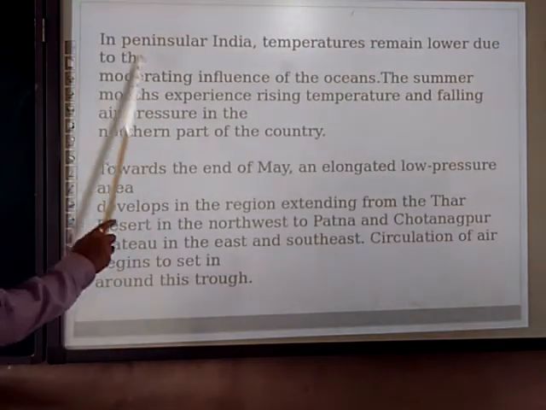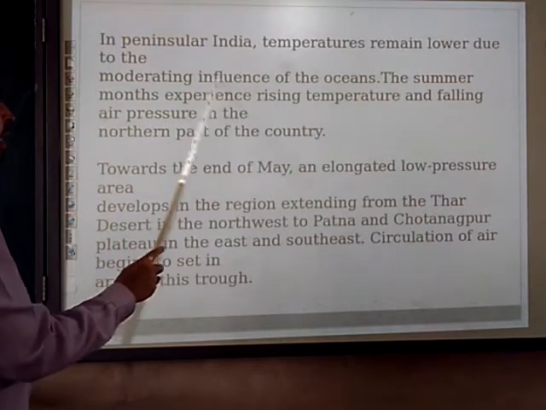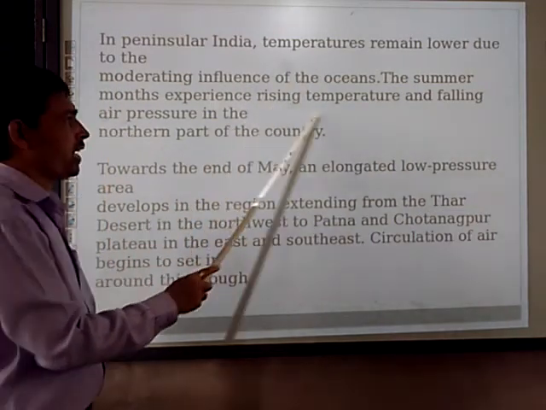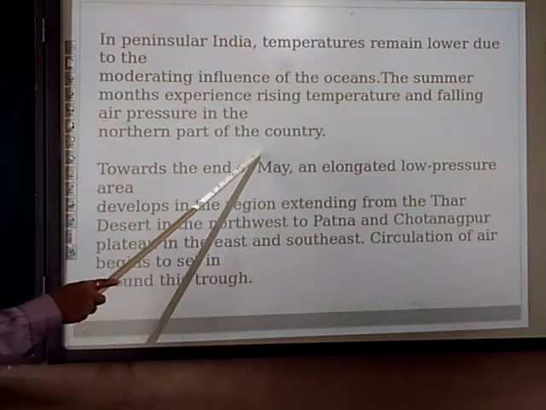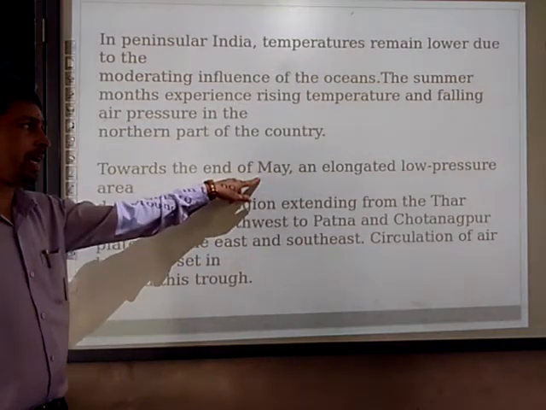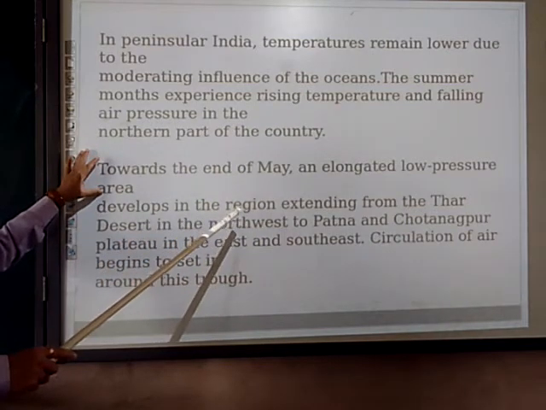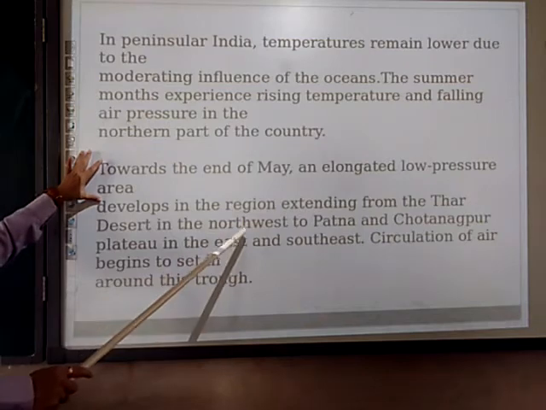Next, the peninsular India temperature remains lower due to the moderating influence of the ocean. The summer months experience rising temperature and falling air pressure in the northern part of the country. Towards the end of May, an elongated low pressure area develops in the region, extending from the Thar Desert in the northwest.